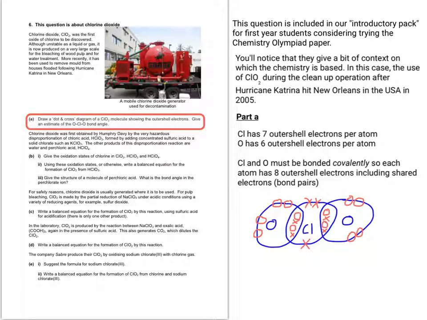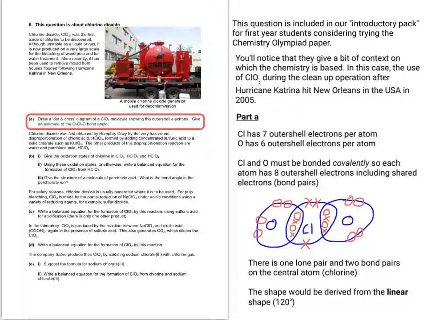But I've just realised that they've asked us to do an estimate of the OCl-O bond angle. So there's 1 lone pair and 2 bond pairs on the central atom, which would lead you to derive your shape from the linear shape, a little bit like carbon dioxide, for example.